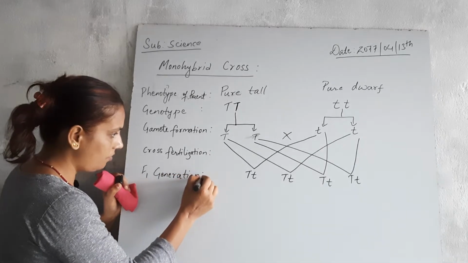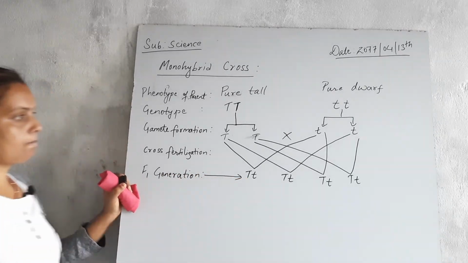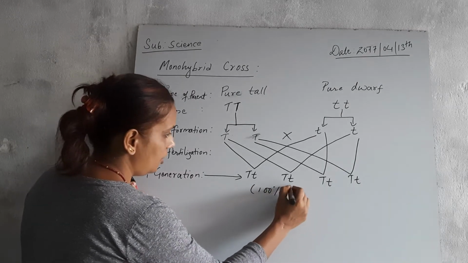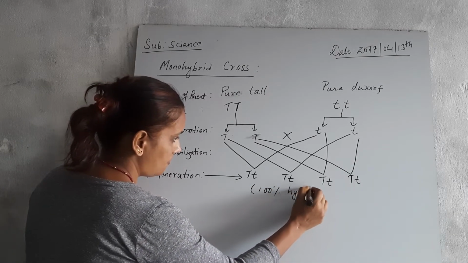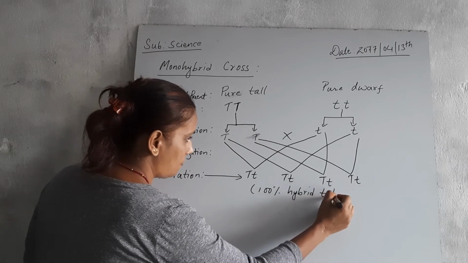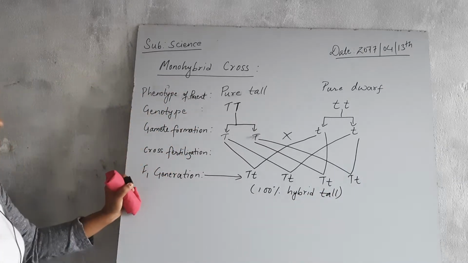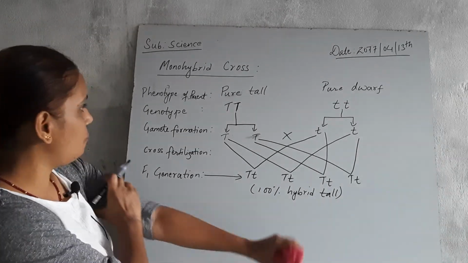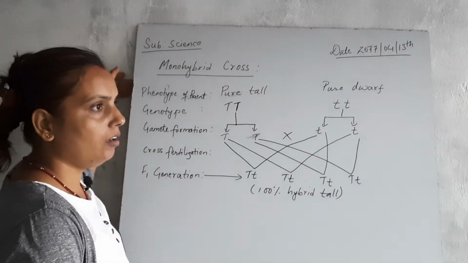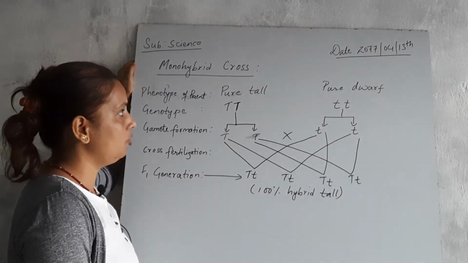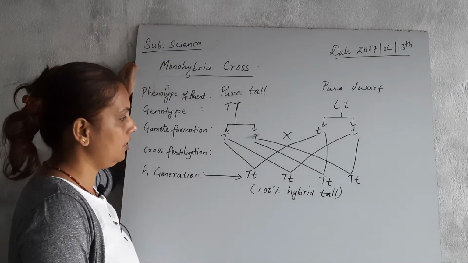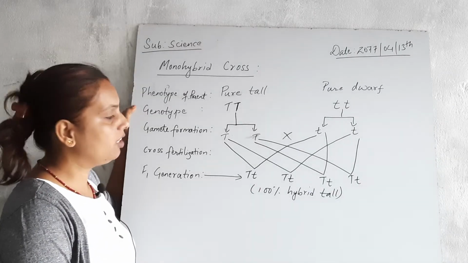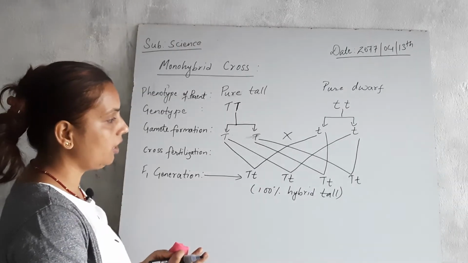This is the result of the F1 generation, where it has given 100% hybrid tall. That is, all the offsprings formed after the cross fertilization between the pure parents of contrasting characters in the F1 generation were found to be tall.